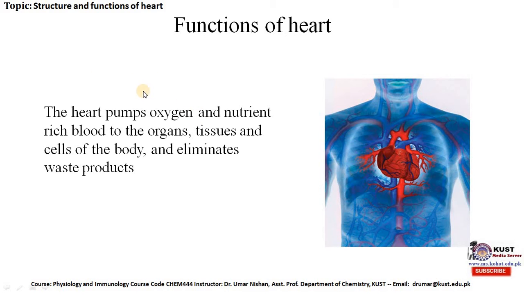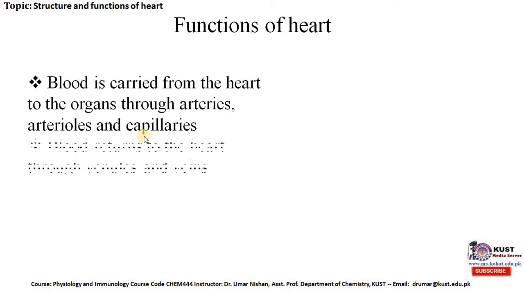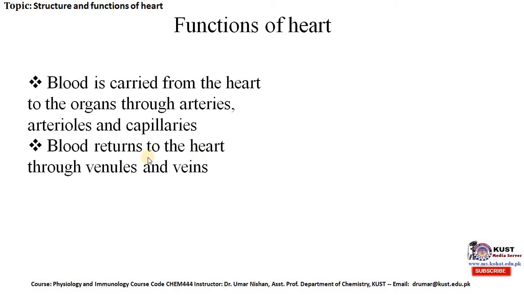That is, it pumps oxygen and nutrient rich blood to the organs, tissues, and cells of the body, and eliminates waste products. Blood is carried from the heart to the organs through arteries, arterioles, and capillaries. Blood returns to the heart through venules and veins.